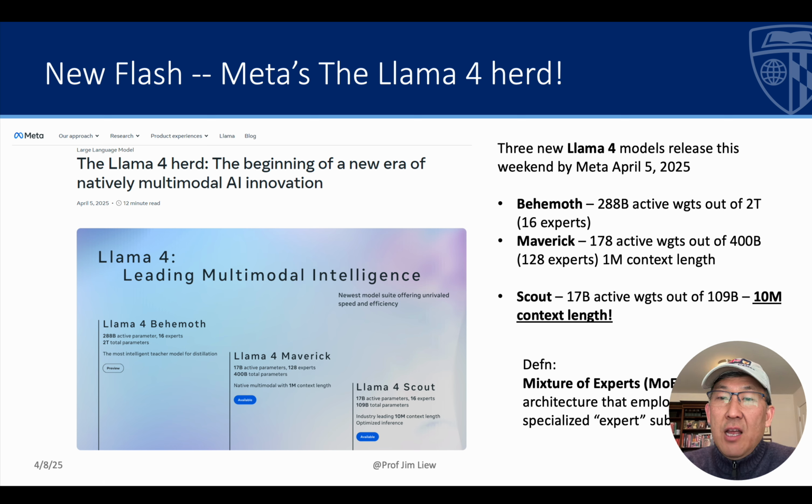It's going to have 288 billion active parameters out of a total of 2 trillion parameters, and it has 16 experts. So we're going bigger, and who knows, in maybe the next 6 months, other companies will release even bigger models. But it is very interesting how fast everyone's moving here.